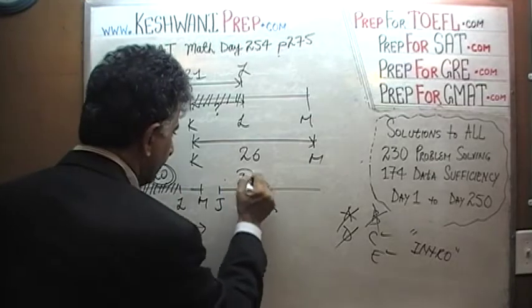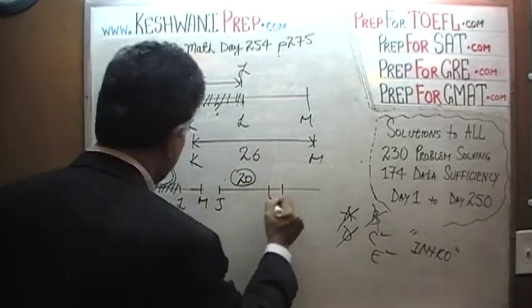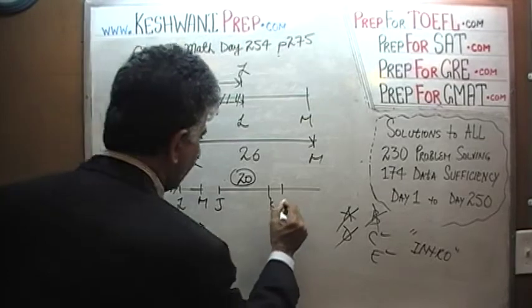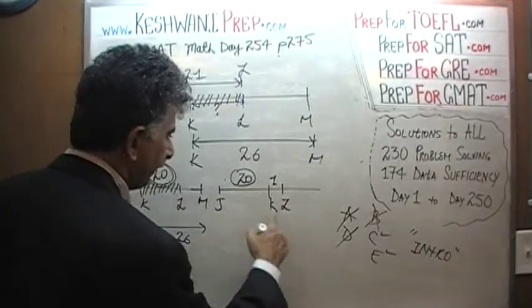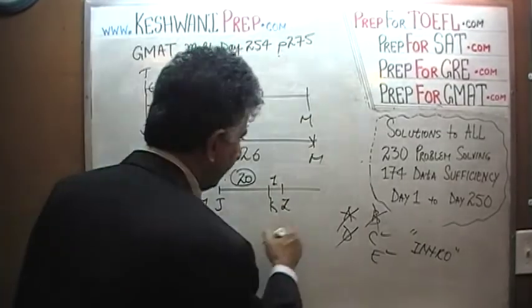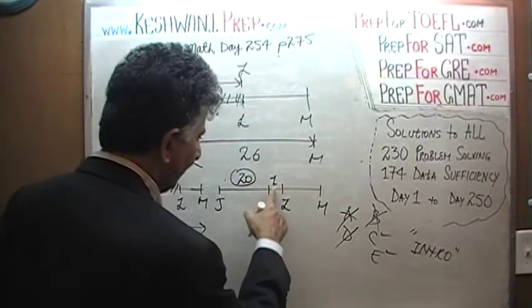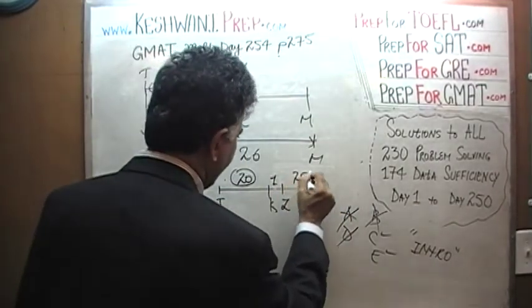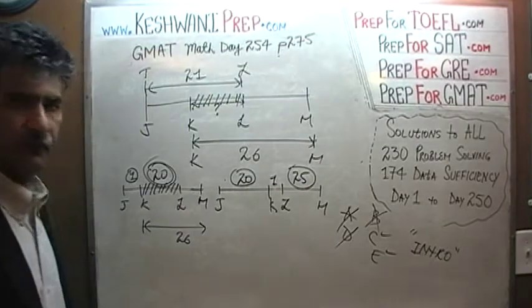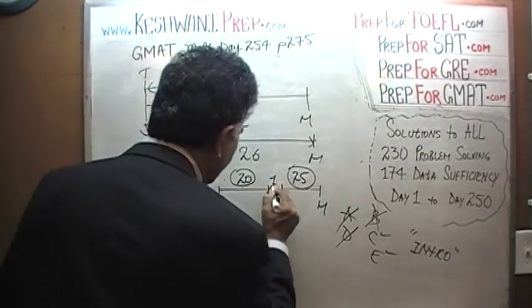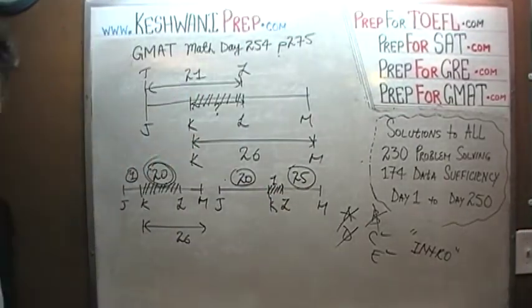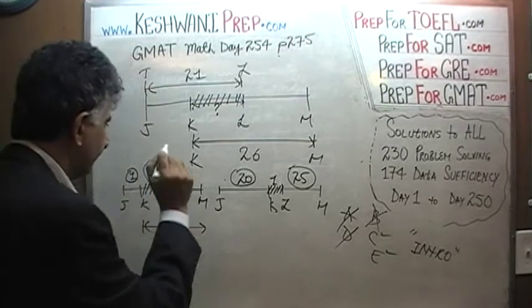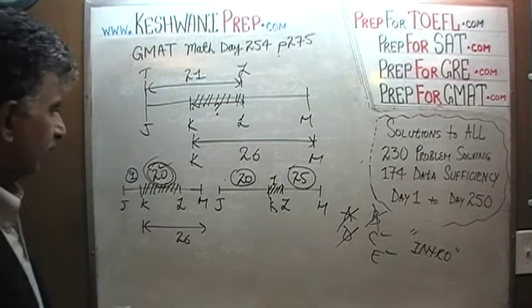Maybe J to K is 20 miles, in which case K to L is only 1 mile, and J to L is 21 miles, and K to M we are told is 26 miles, so this has to be 25. In this case, K to L is only 1 mile. So here's one extreme where the overlap is 20 miles, and another extreme where the overlap is 1 mile.